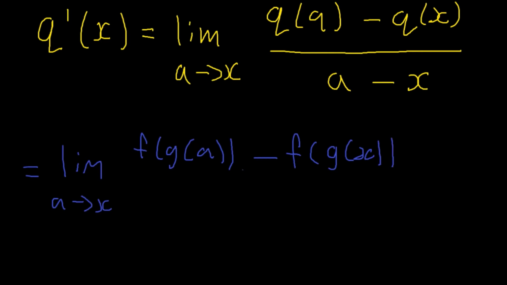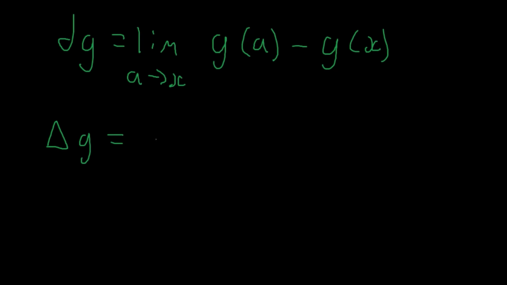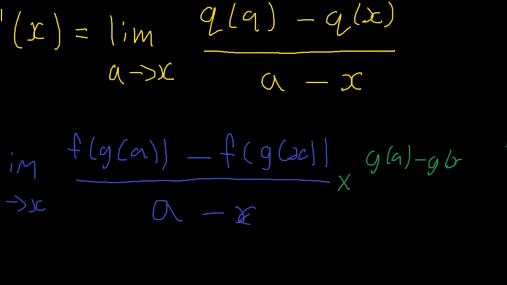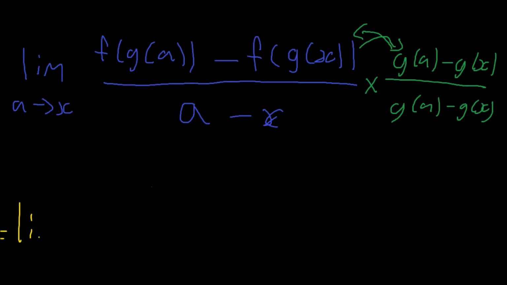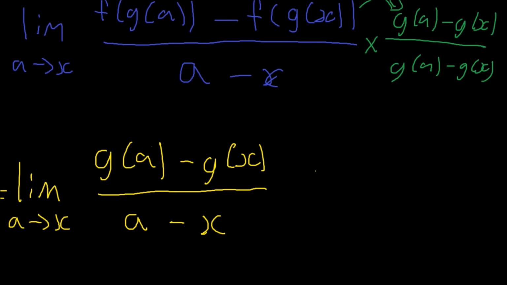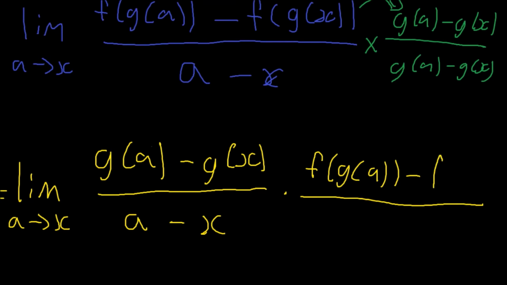Let's roll with the idea of fraction canceling and multiply dg, the infinitesimal difference in g being defined as the limit as a approaches x of g of a minus g of x, onto the top and bottom. Now our derivative, after we swap numerators to make it not redundant, is the limit as a approaches x of g of a minus g of x divided by a minus x times f of g of a minus f of g of x all divided by g of a minus g of x.